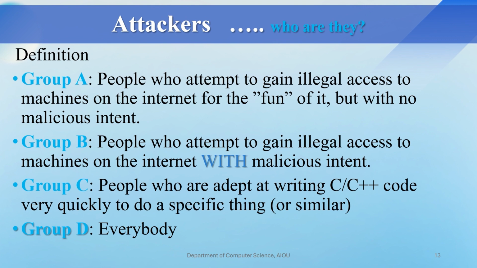Group B are people who attempt to gain illegal access to systems on the internet with malicious intent. Group C are people adept at code writing, who write code in any language very quickly to do a specific thing, like exploiting system resources. Group D is everybody else.